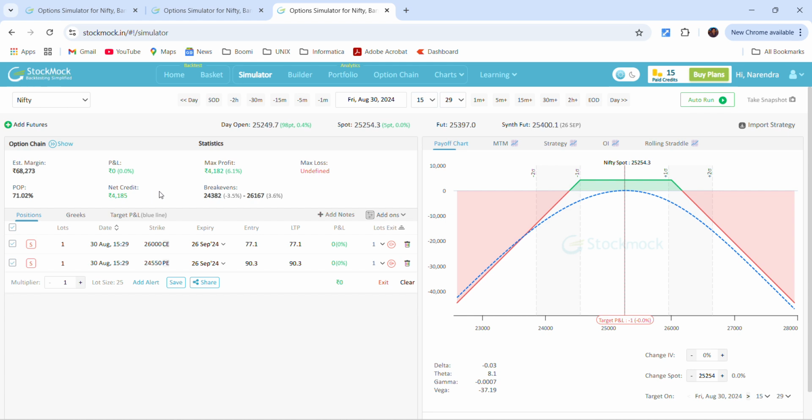Since we are selling on both sides, you will get a credit, and whatever credit you get will become your maximum profit. The break evens, if you see on both sides, are around 3.6 percent. So on both sides, if market makes a 3.6 percent move, you will still be in profit. So it covers around 7 percent. In that range, if market is making moves, then we don't have any issues.